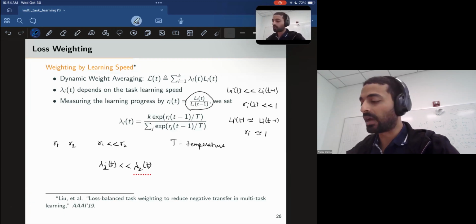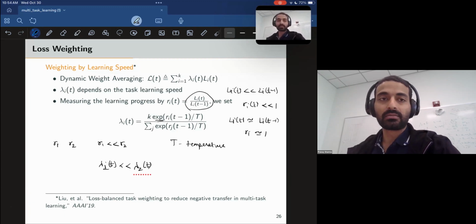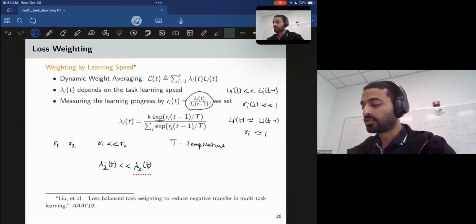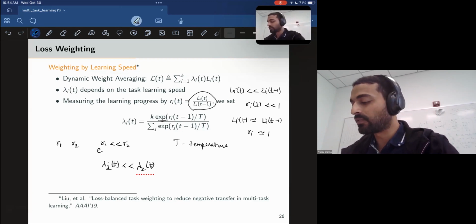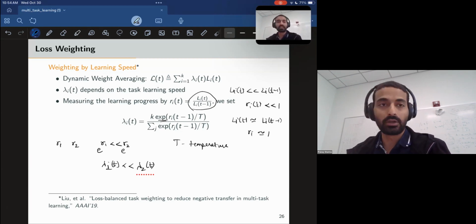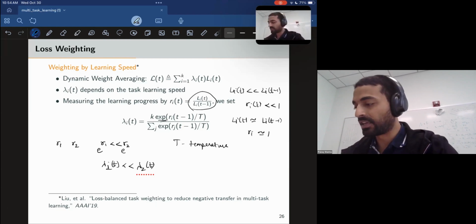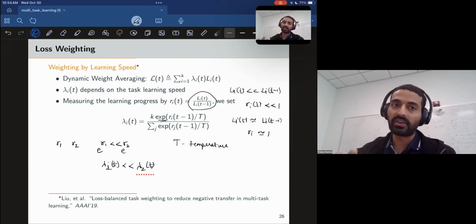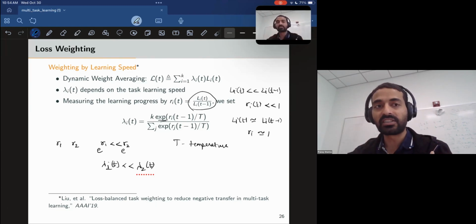And this is exactly what would happen, because when you exponentiate something, it blows up, right? So if R1 is much smaller than R2, then e to the R1 is going to be even smaller in scale than e to the R2, right? So you will assign a lot more weight to task 2 than to task 1, which is precisely what is happening here. So you want to assign higher weight to tasks for which learning is much slower.